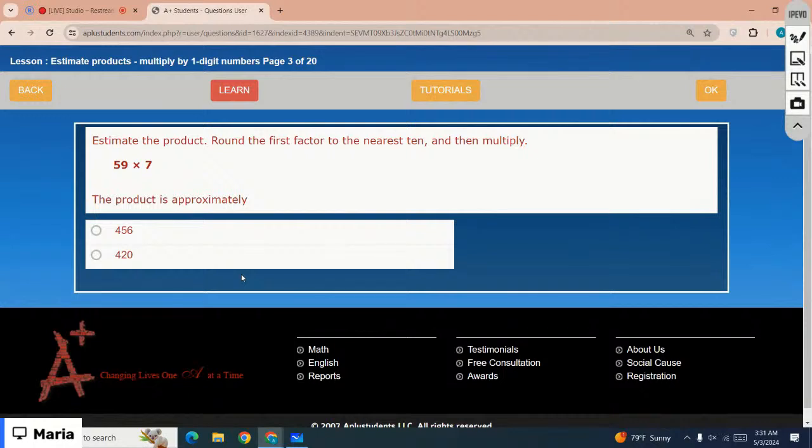That is 420, right? Option number 2 is the correct option. You have to round the first factor first. So 59 is rounded off to 60. The correct option is 420.